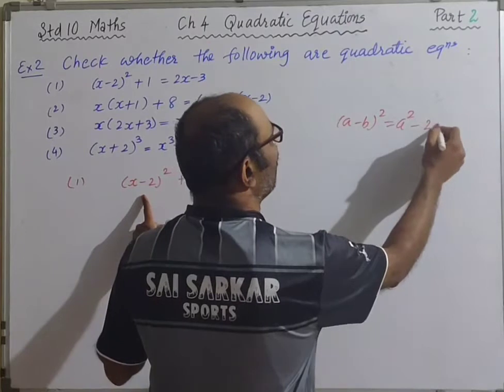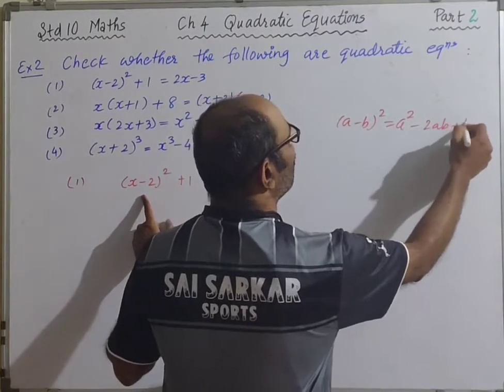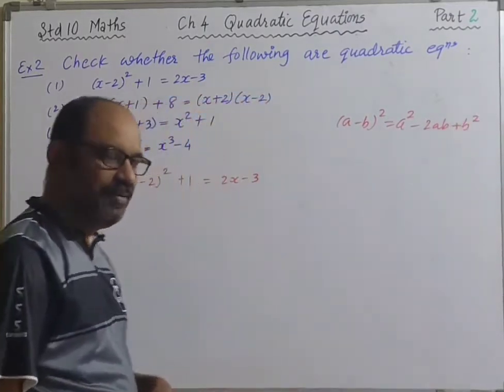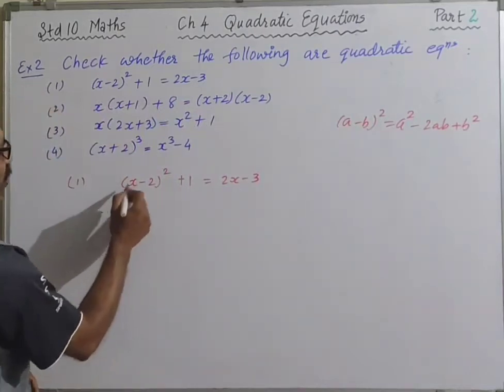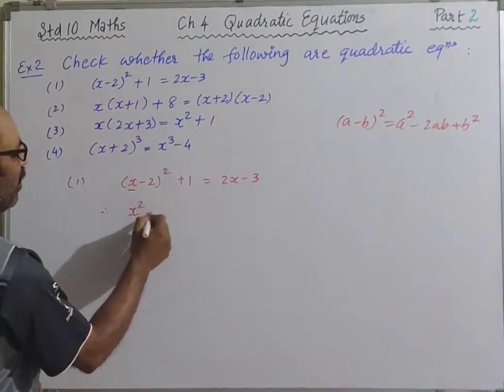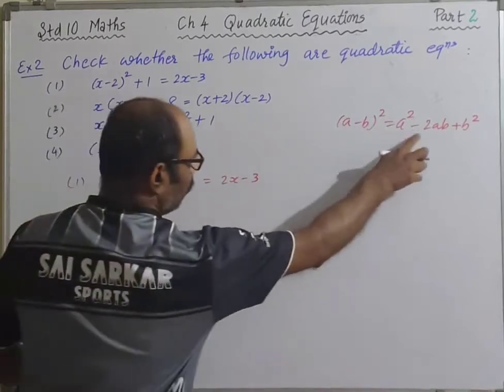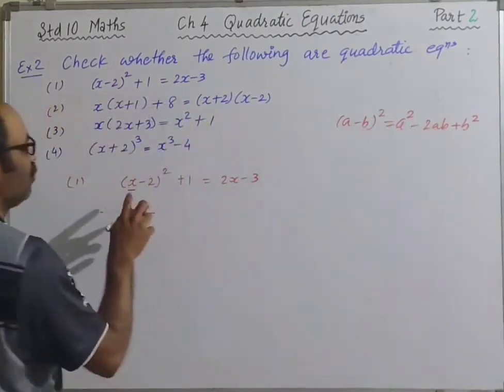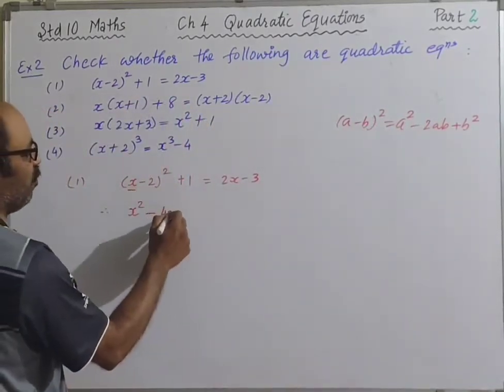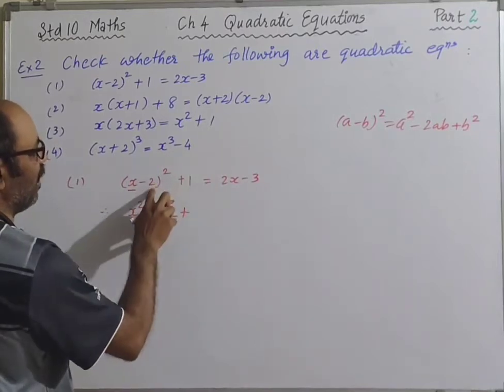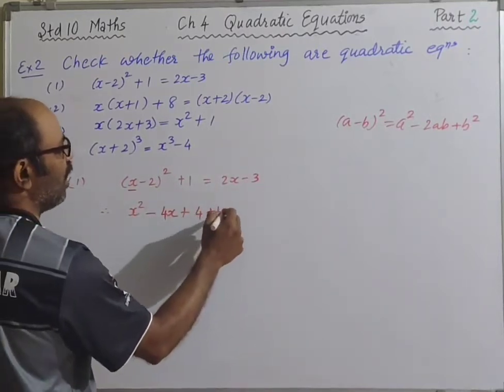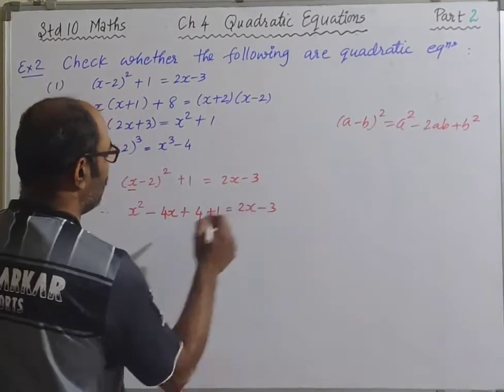The expansion is a square minus 2ab plus b square. Correct children? Let's see. Therefore, first term square, that is x square, minus 2 into first term into second term. So 2 into x into 2, that is 4x, plus second term square, that is 2 square, 4, plus 1, that is equal to 2x minus 3.